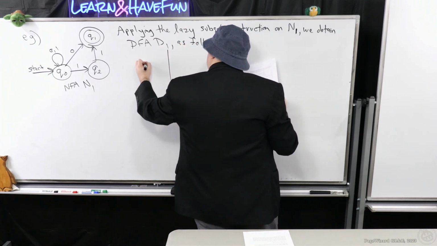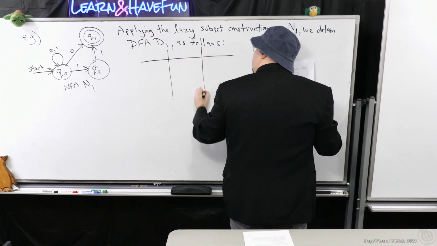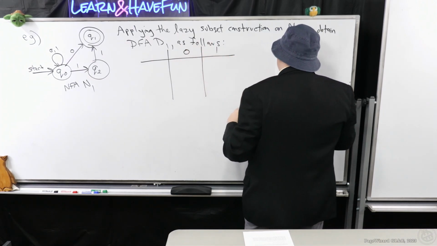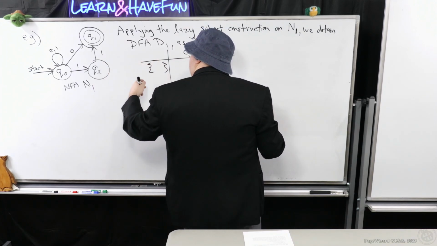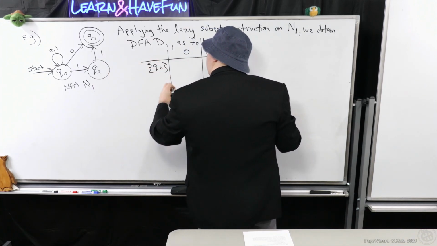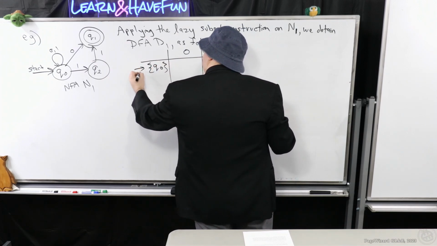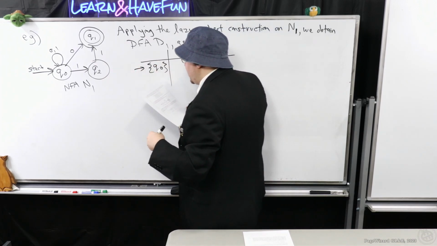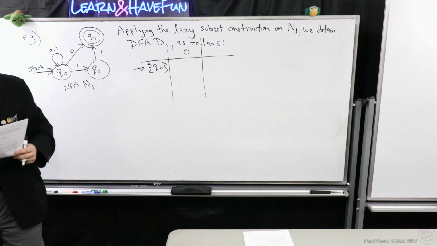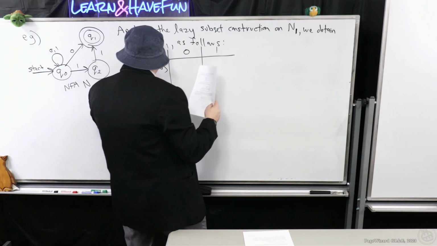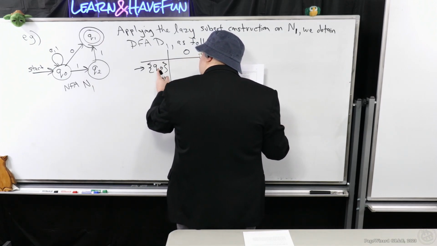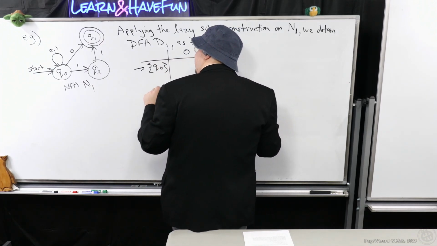I'm going to use the transition table. So remember, we have two input symbols, 0 and 1. Because Q0 is the start state, the DFA is always going to have this subset specifically as the start state. Now we're going to go through this process. So on state Q0, because that's the only state we have in this subset, remember it's a label, right?